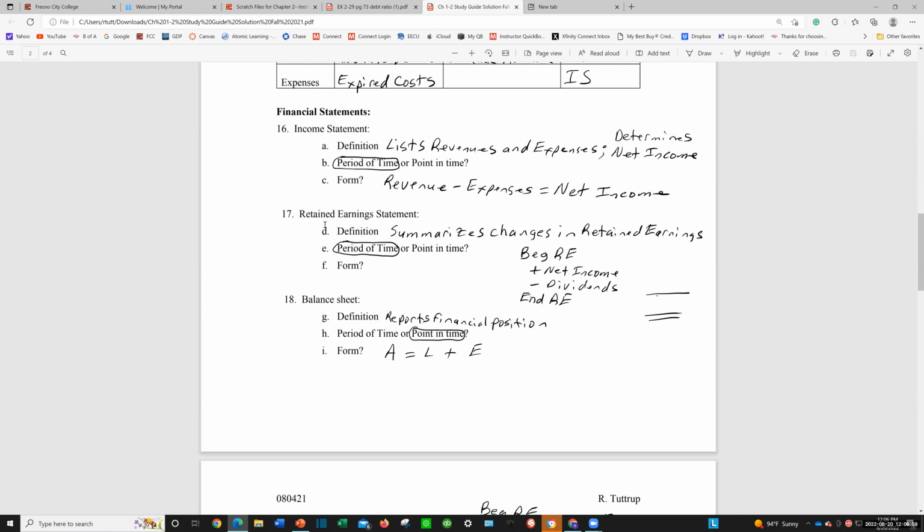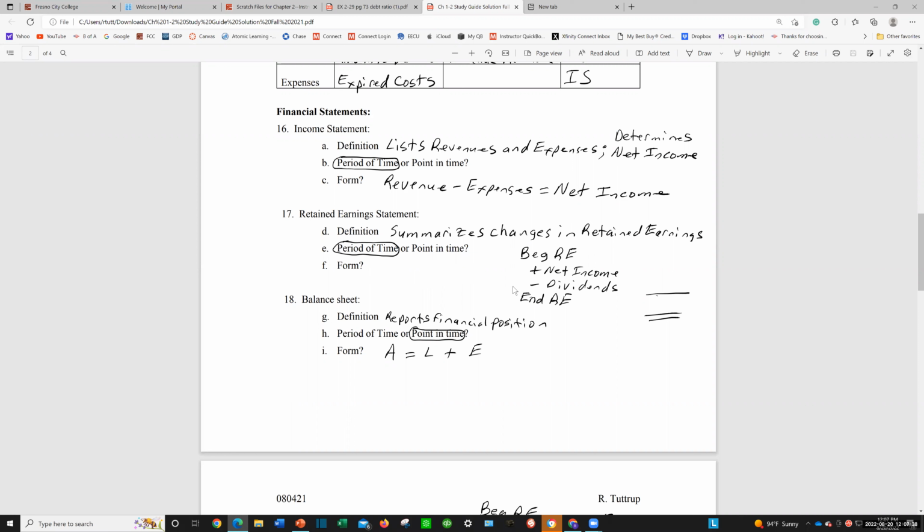The next one is our retained earnings statement. The definition is that it summarizes changes in retained earnings. Is it for a period of time or a point in time? It's for a period of time. What's the form? Well, this is the one I had you memorize. Beginning retained earnings plus net income minus dividends equals ending retained earnings.